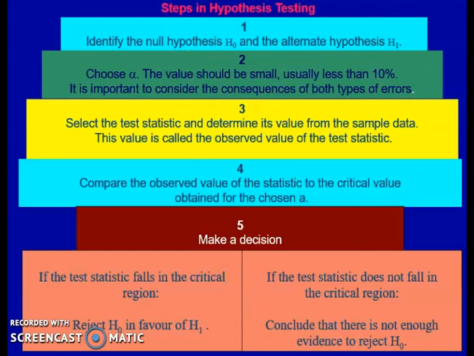So H naught says it is negative. Whatever statement will be given, that will be in the negative form. Alternative hypothesis will be opposite to it. So whatever hypothesis you set as a null hypothesis will be the reverse of your alternative hypothesis. It cannot be the same. You need to have two different statements.